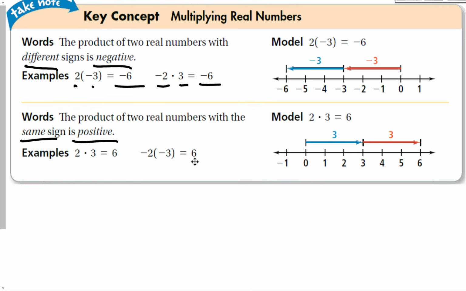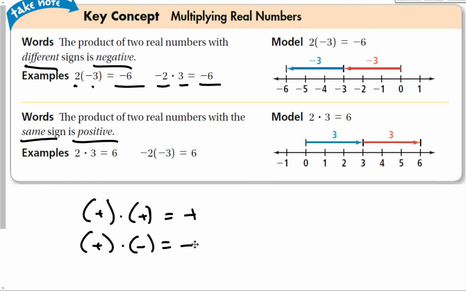Okay, and some key things to remember when we try to remember all these is that if we have a positive times a positive, that is going to be a positive. If we have a positive times a negative, that is going to be a negative.